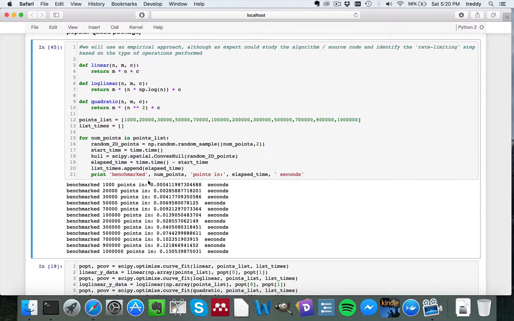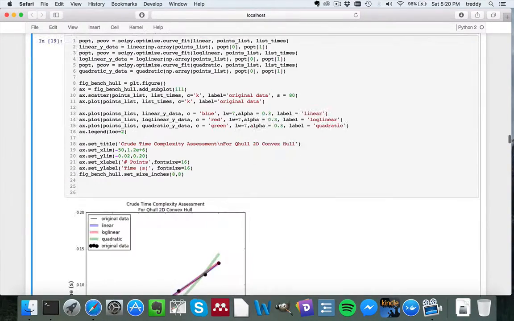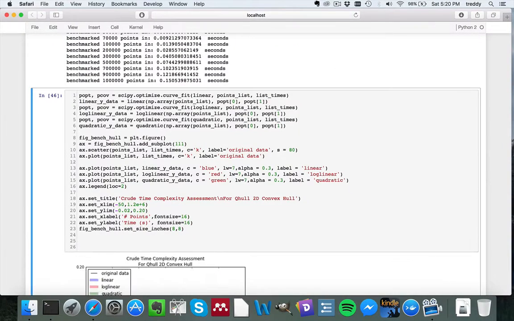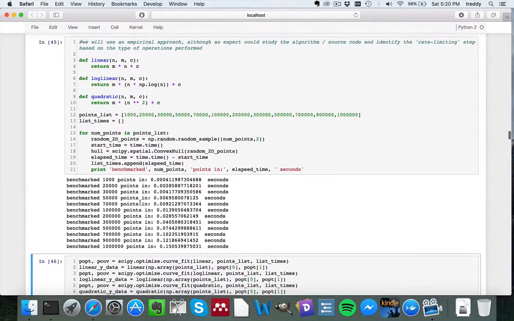Of course, the numbers will vary depending on your machine, but the general growth pattern, the big O notation behavior, should be roughly the same as mine for that particular algorithm and code. We're using SciPy to curve fit these data points using nonlinear fitting.